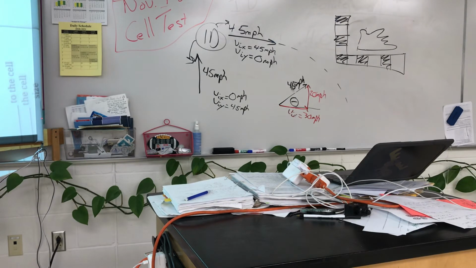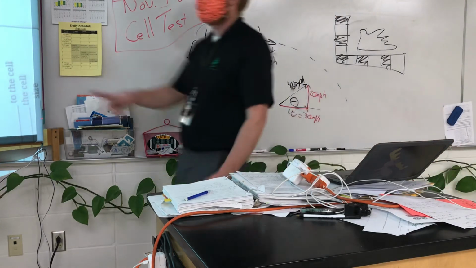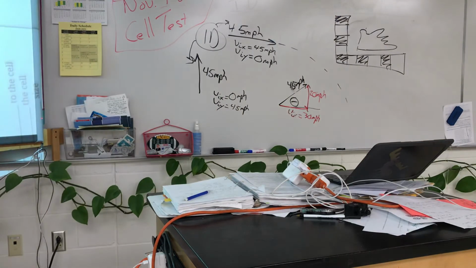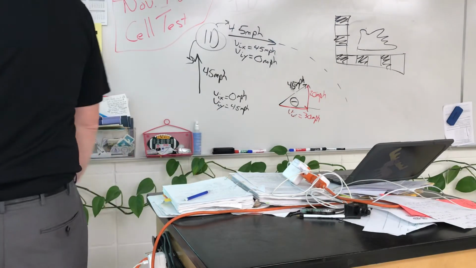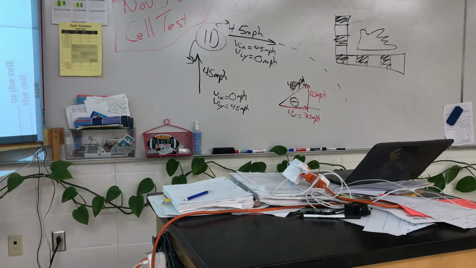And you say, how fast was that ball initially moving vertically in the y direction as it rolled off the table? And you would say, it wasn't. And you would be correct. It was not moving in the y direction. That's a horizontal launch.